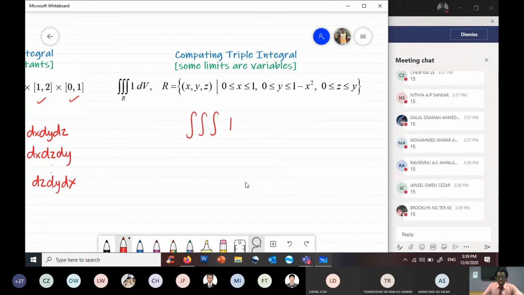So I can imagine that in my function here, initially it was x, y, z, but once you put in 0 and y, I only have x and y remaining. Next, if I integrate with respect to y and put the limits 0 and x, even the y disappears. The only thing left is x. Finally, I integrate with respect to x, put in 0 and 1, and even the x disappears.